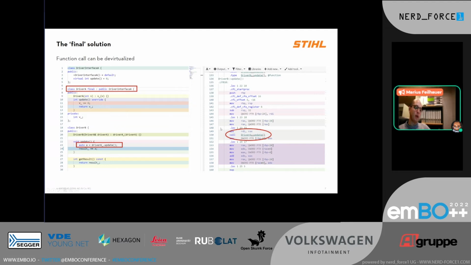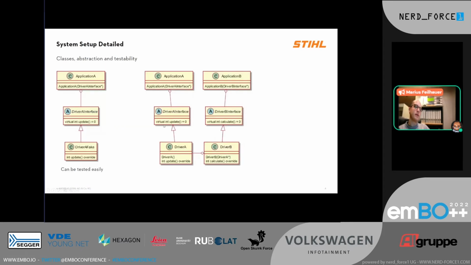So going back to our slide with the class structure, we still have application A and application B getting their drivers, or their dependencies, via abstract base classes, via interfaces, so we can test them easily.